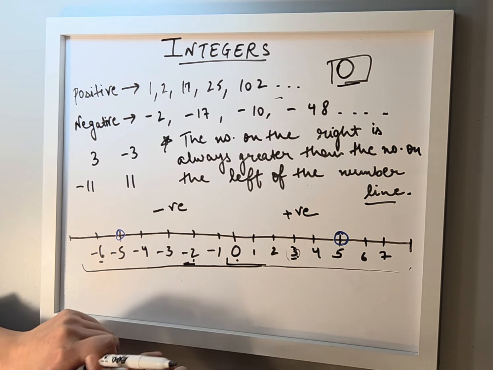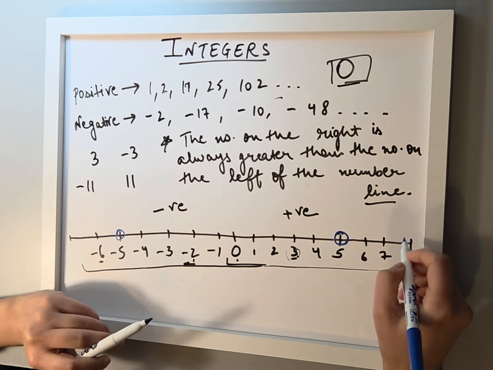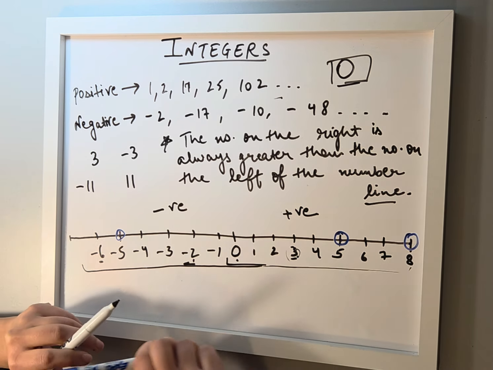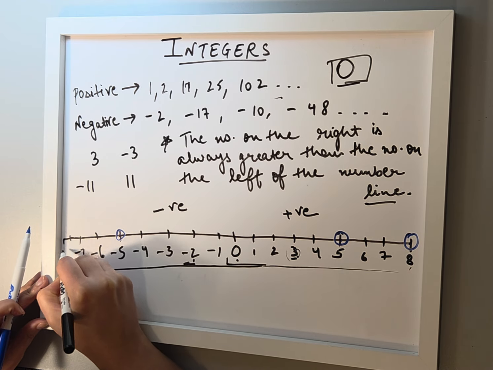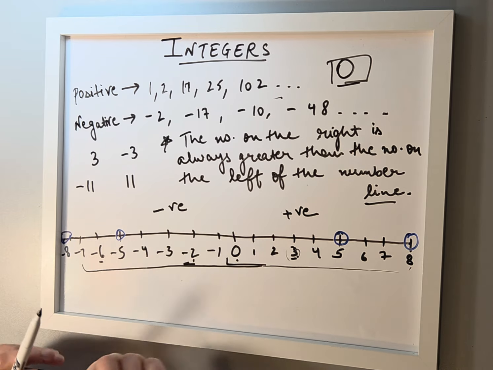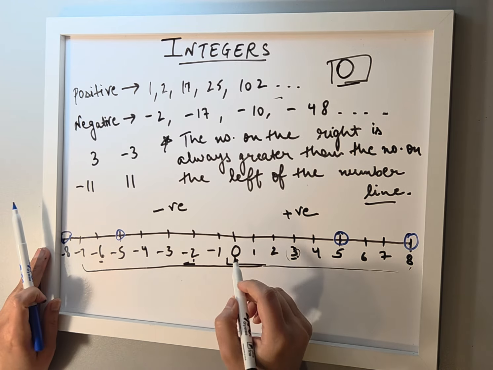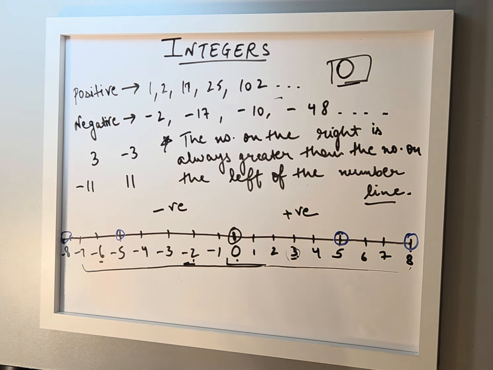We can represent 8 on the number line, and how about its opposite? We can say minus 8 also can be represented. But for 0, there is no positive or negative. It's just 0.